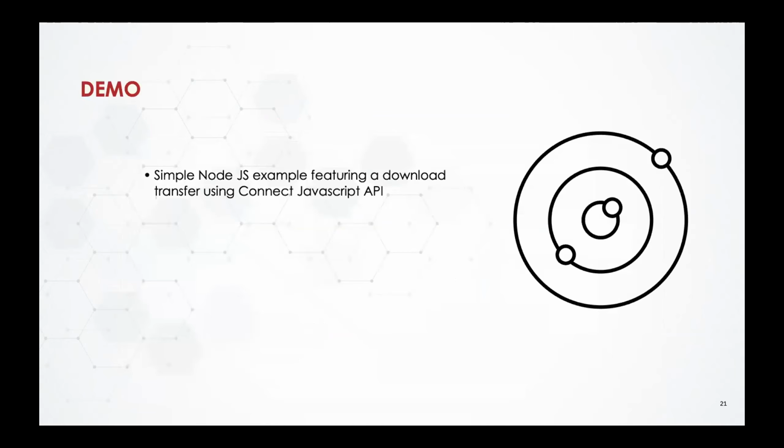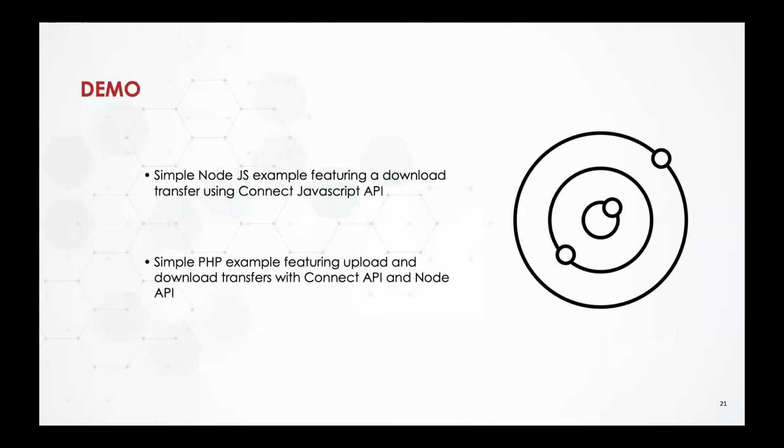We're here now for the demo. So what we'll see is I will show a very simple Node.js example where we will do a very basic download. Just to show you how simple it can be to do a transfer using the Connect API. And then I will show another example in PHP where we can do an upload or download using the handshake that I just showed a few minutes ago.